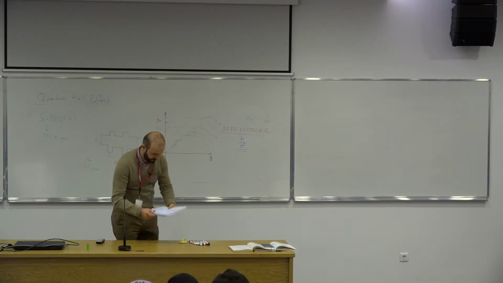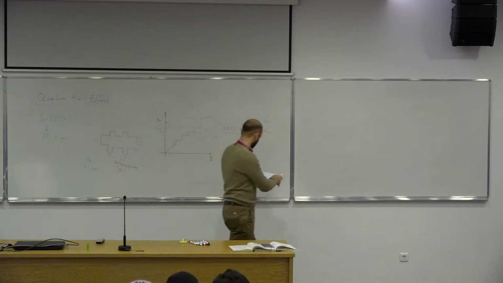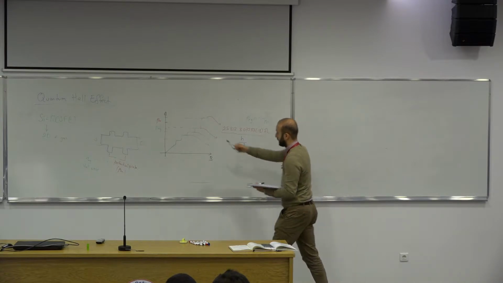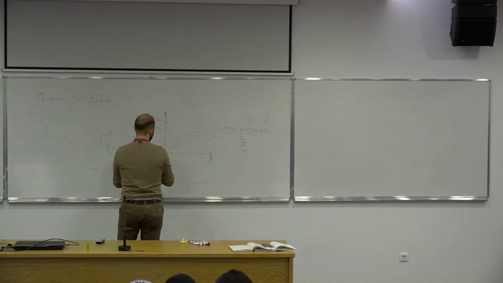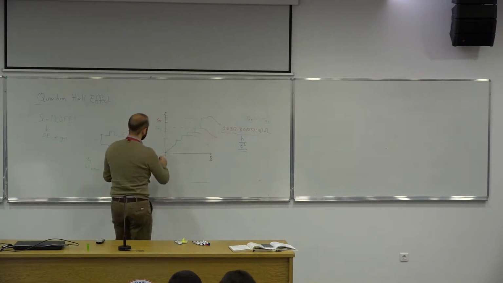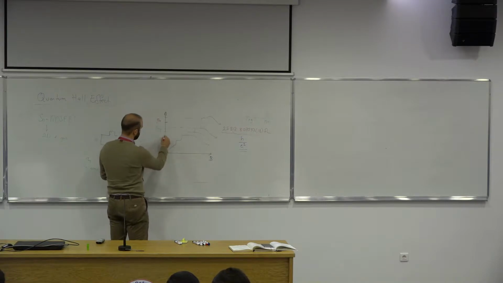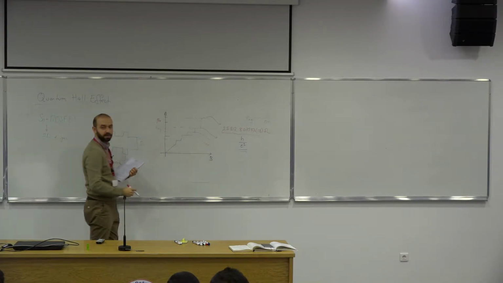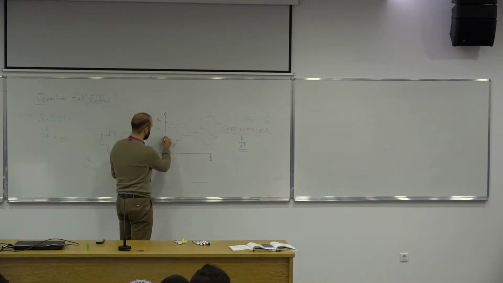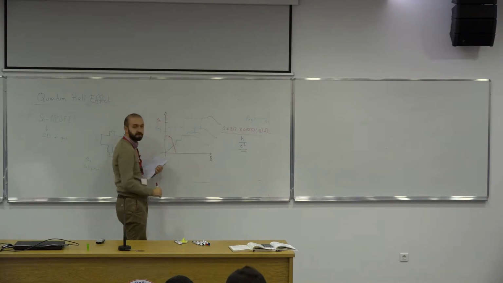So the simplest approach is this. Let me use this pen. Oh, I forgot to show the rho XX. Rho XX basically starts with a certain value, which is the potential across here. That's also very interesting. It diverges rapidly after a certain magnetic field. Okay?